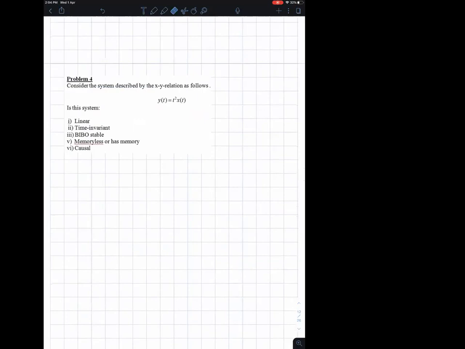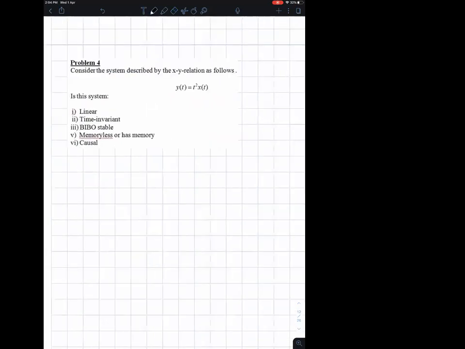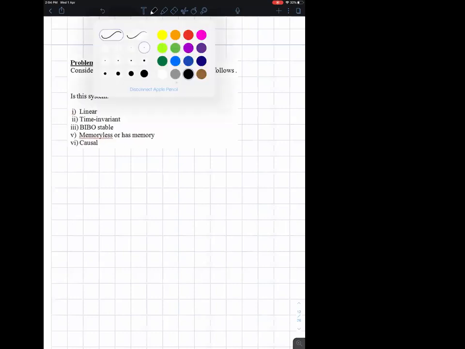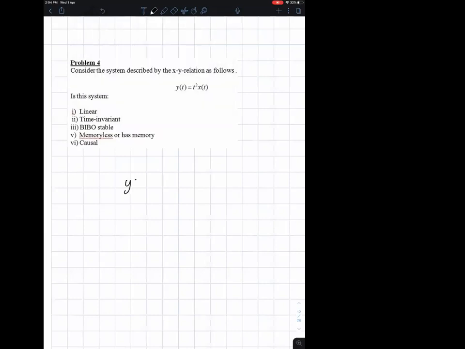Okay, consider the system described by the XY relation as follows: y(t) is equal to t squared x(t).